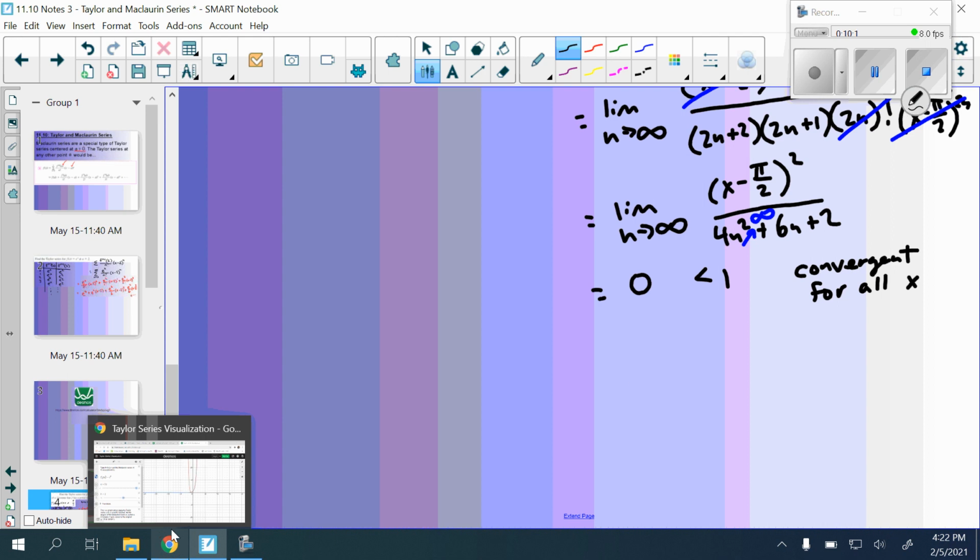So that would mean the radius of convergence for this one would be infinity, and the interval of convergence would be from negative infinity to infinity, or all numbers.